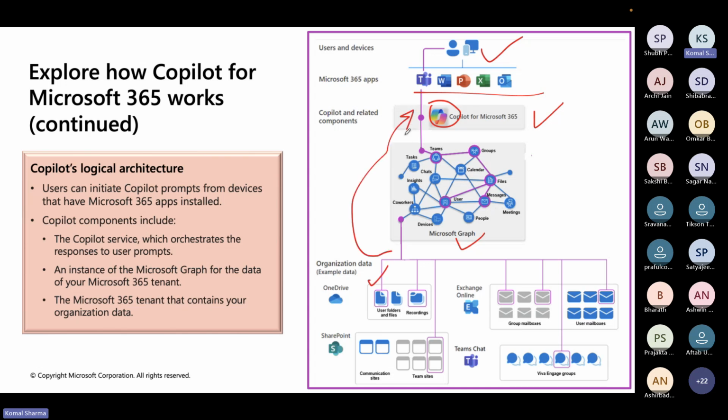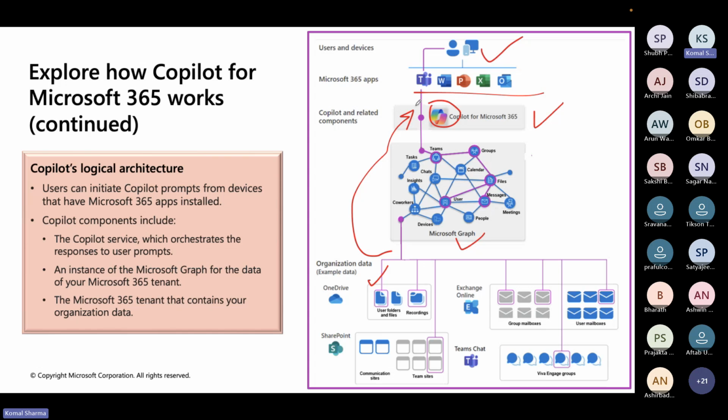Now, it's Copilot's job to prepare the content just the way you require. Let's say I want the content as 10 bullet points. So Copilot is going to refine your content and prepare it as per your context and your requirement.